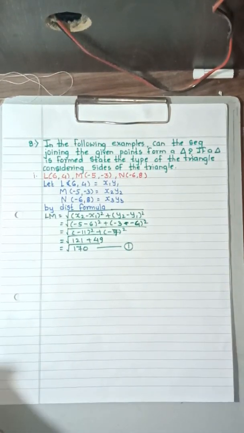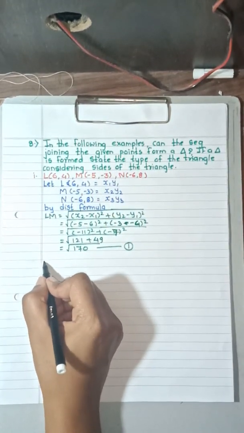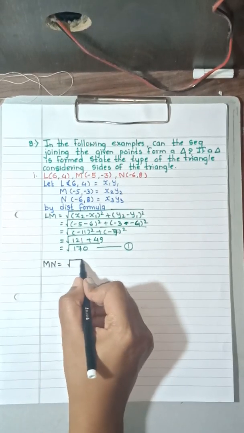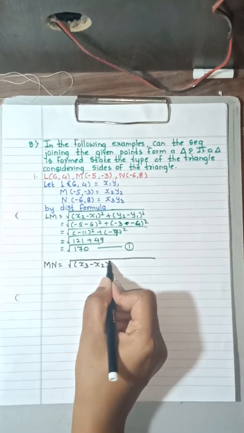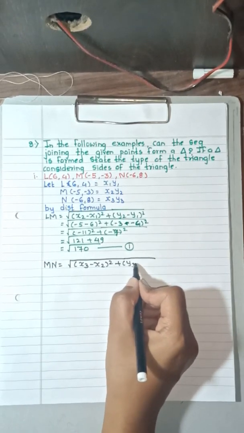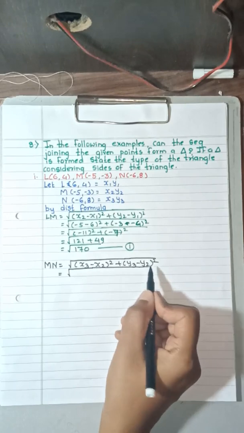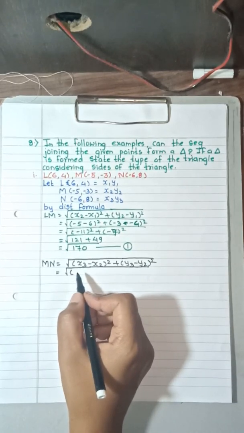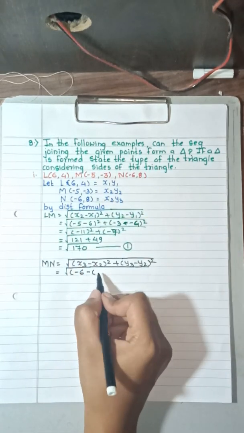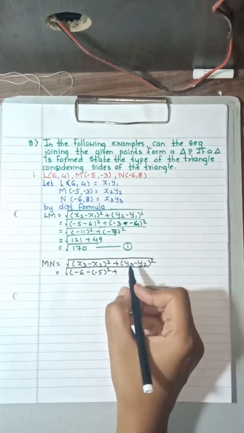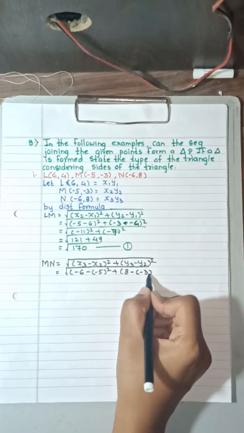Now let us move on towards the second distance, that is MN. MN is equal to under root of (x3 minus x2) bracket square plus (y3 minus y2) bracket square. x3 is -6 minus x2 is -5, bracket square, plus y3 is 8 minus y2 is -3, bracket square.